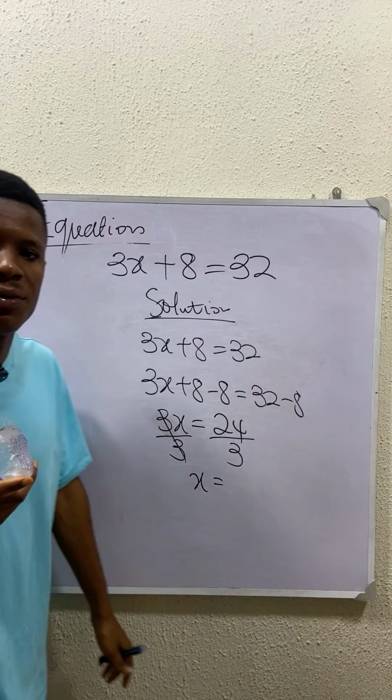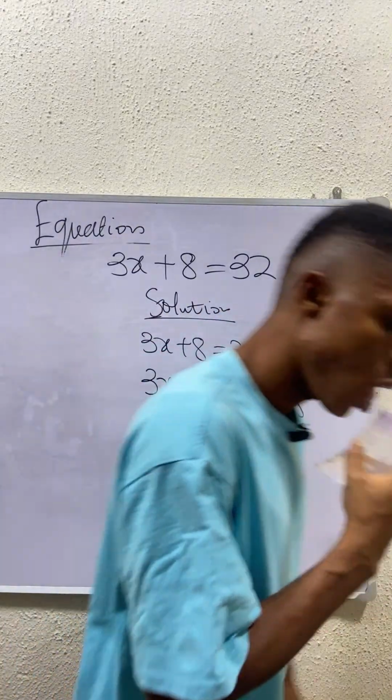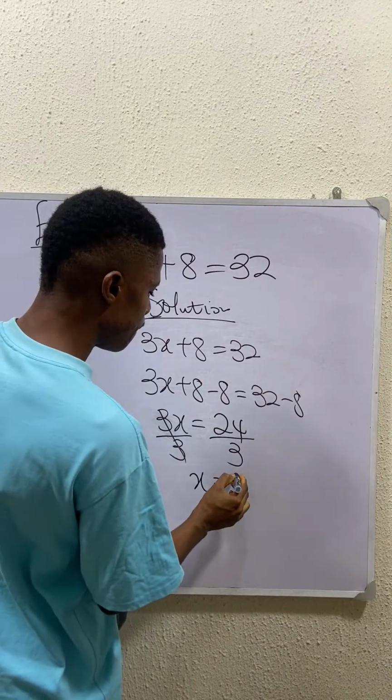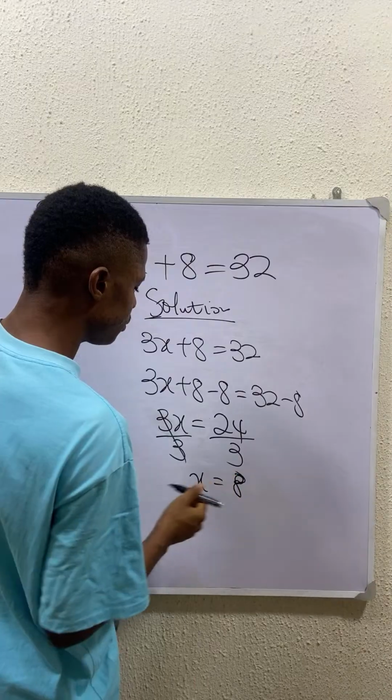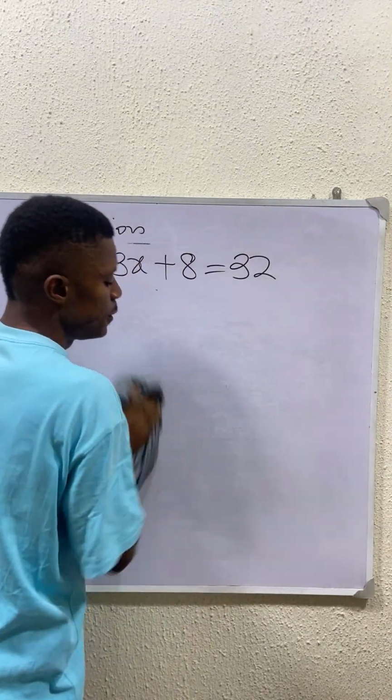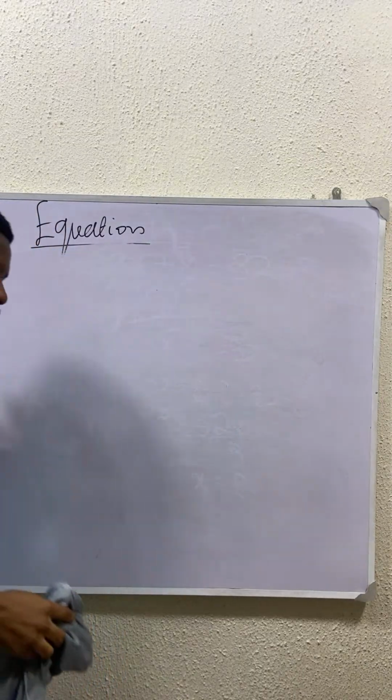What's the value for 24 divided by 3? 24 divided by 3 is 8. So the value for x is basically 8. So this is very easy to do.